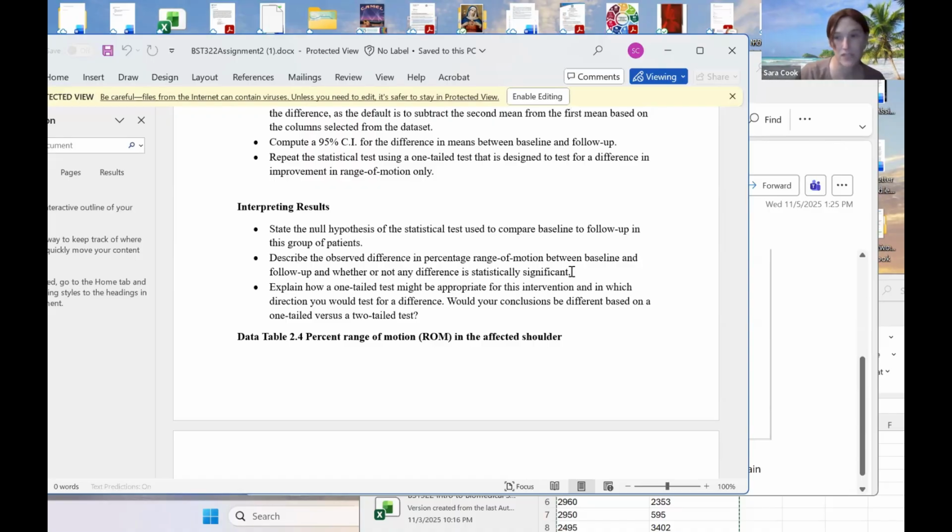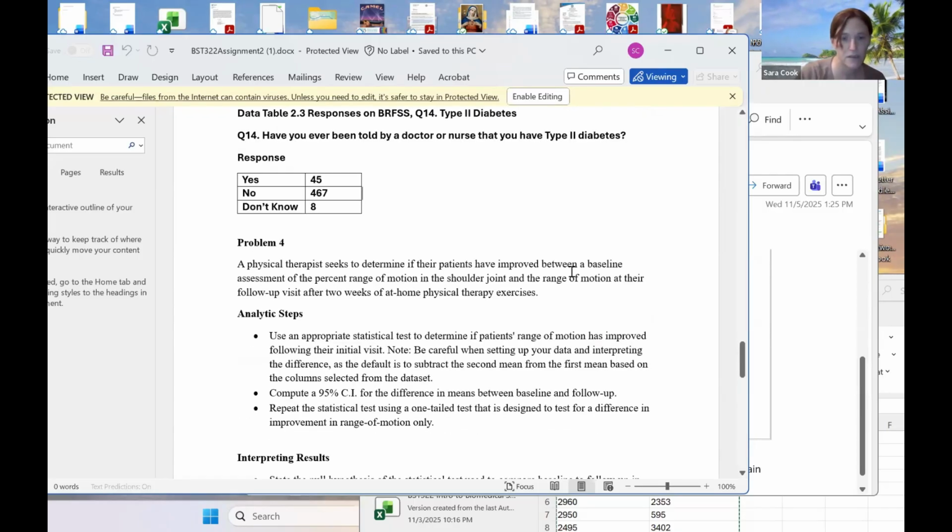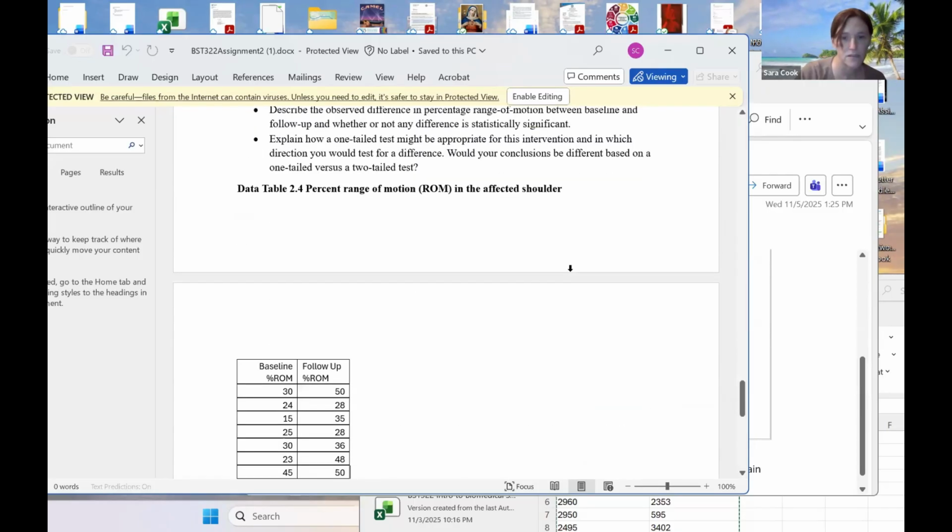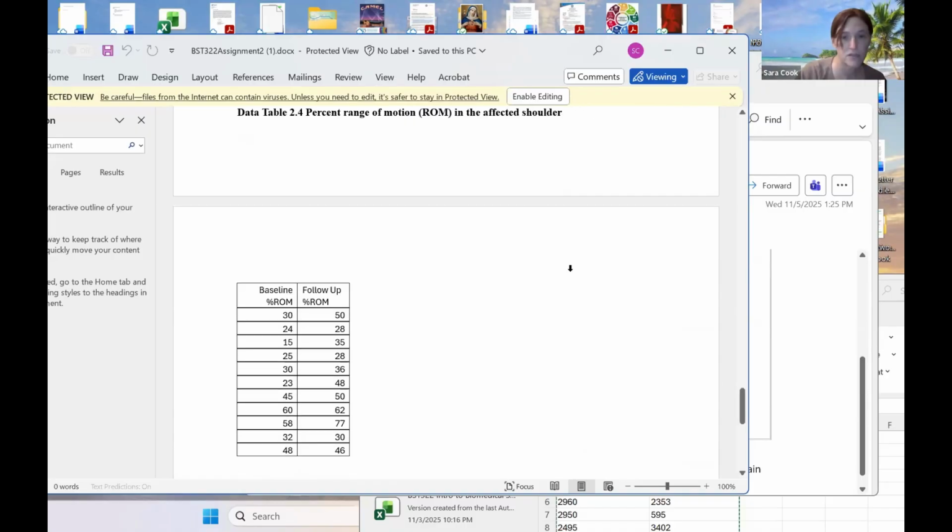But here there was an intervention in between. They received physical therapy. Notice the data is set up a little more traditionally, where each row represents a case. This is their baseline score. This is their follow-up score.